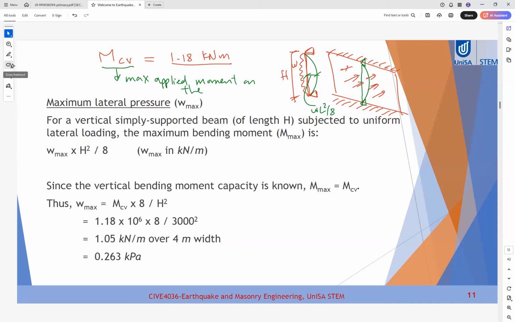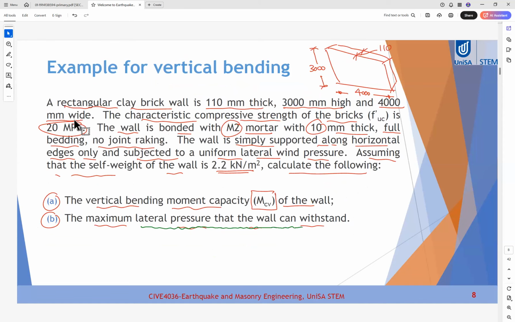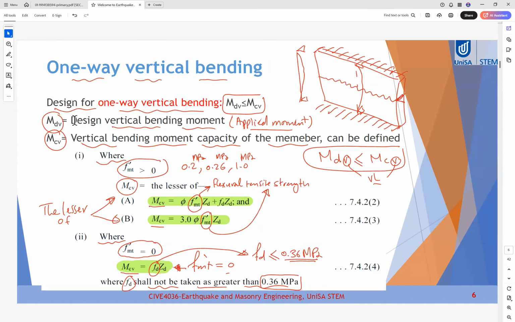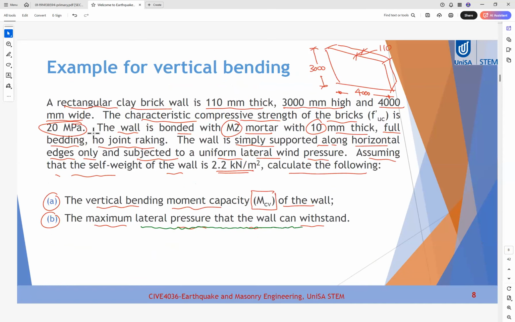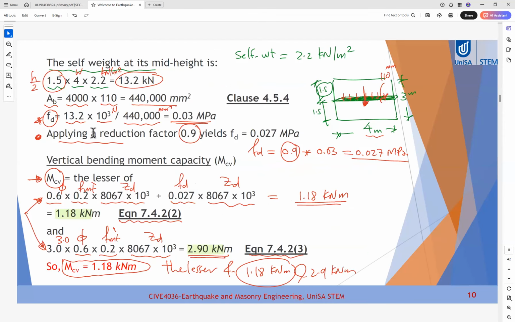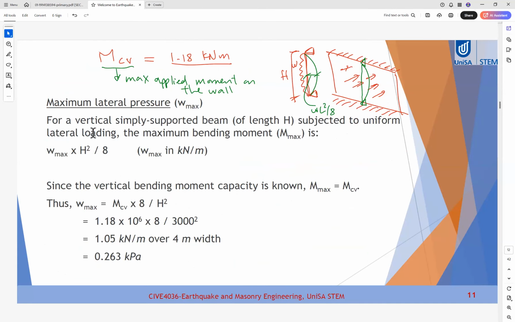How does this happen? Because in the design of the wall, if you can see here, our first formula, the design moment should be less than or equal to the capacity. So the maximum moment that the wall can withstand will be MCV.